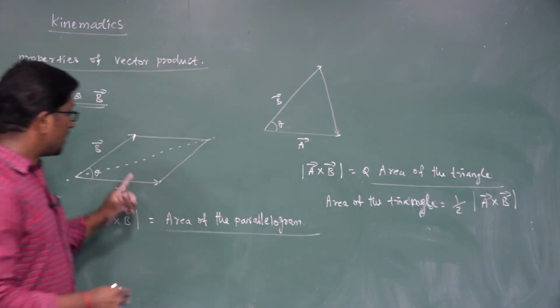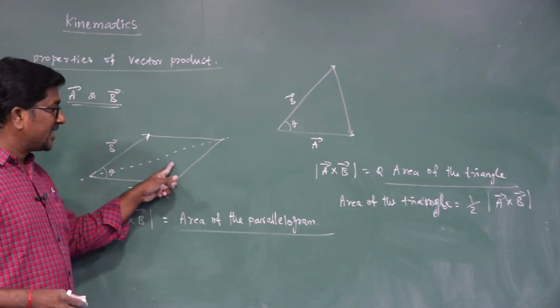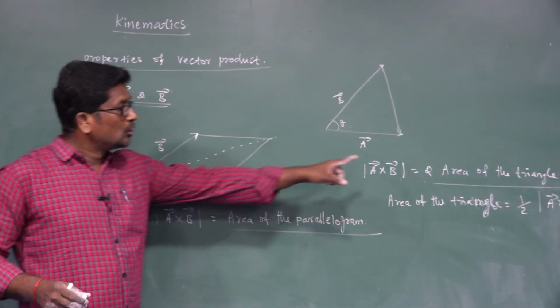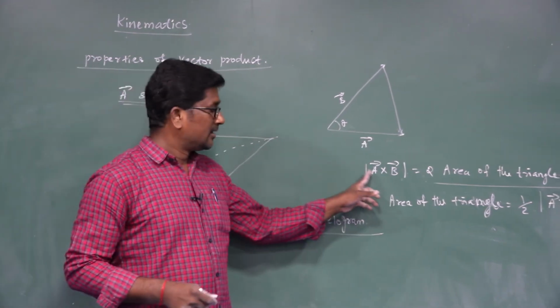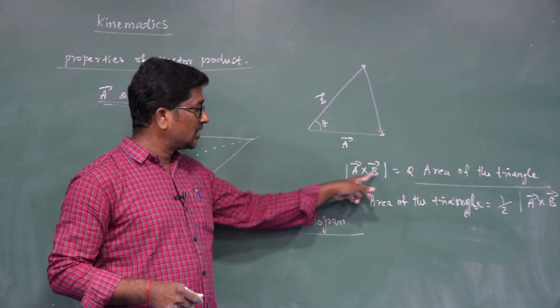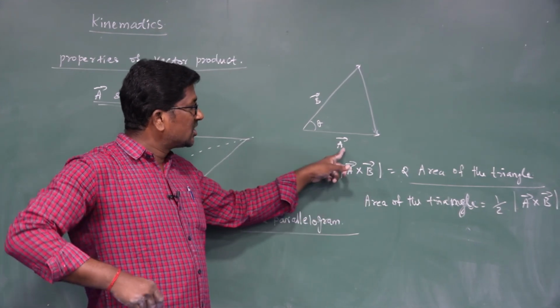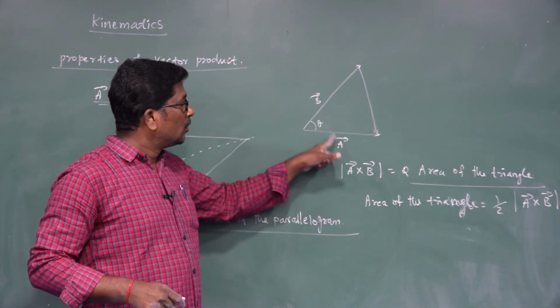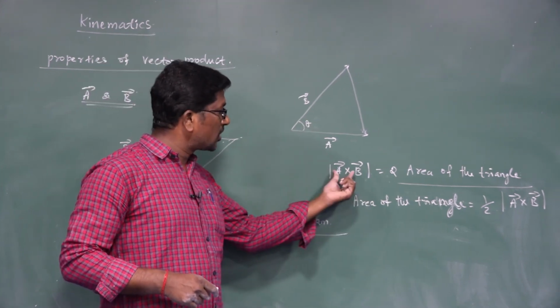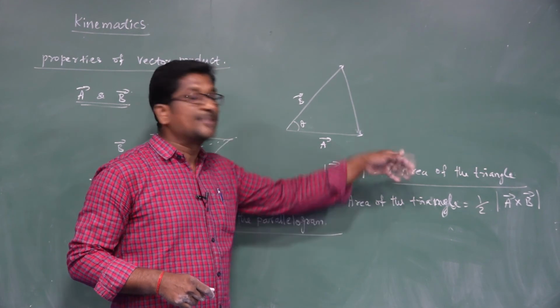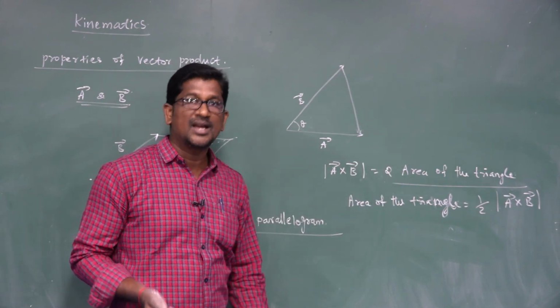Here, the area of the parallelogram is equal to 2 times the area of the triangle. The modulus of the cross product of the two vectors, which are the two sides of the triangle making an angle of theta, gives 2 times the area of the triangle.